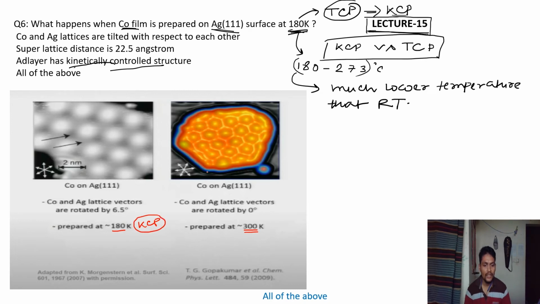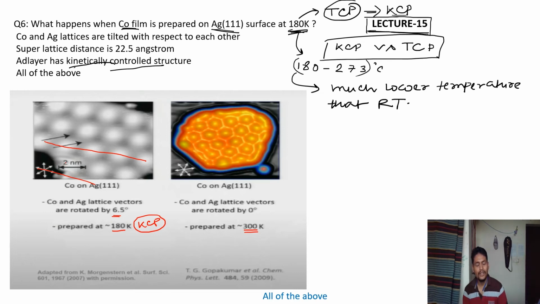And just see, this is actually having a 6.5 degree rotation, because this white thing shows the surface lattice vectors. And if you see this one, this is your adlayer, and this is your surface layer.